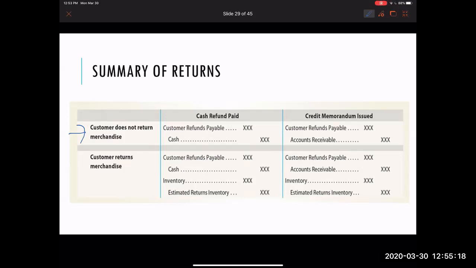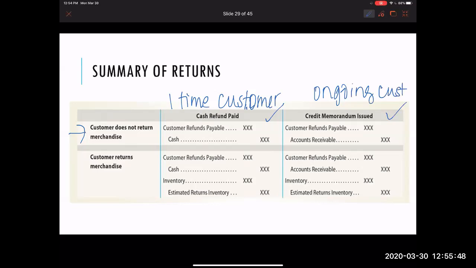If the customer keeps it because it's maybe too much to ship, and so forth, then usually they'll ask for either a cash refund, or you can reduce their receivable. One comes down to being a one-time customer. As we mentioned in prior videos, maybe this is a transactional customer, and then this one is an ongoing customer, right? So that's only if they're not returning it.